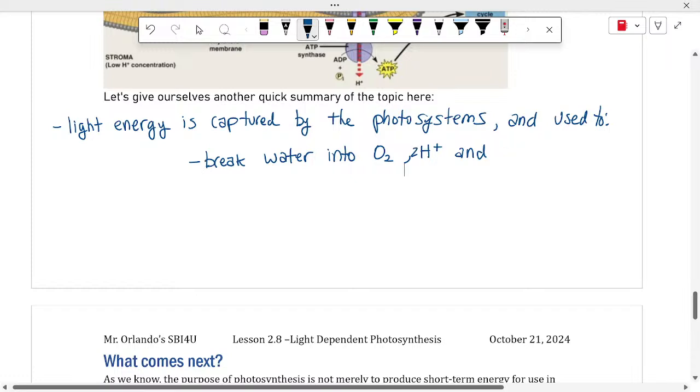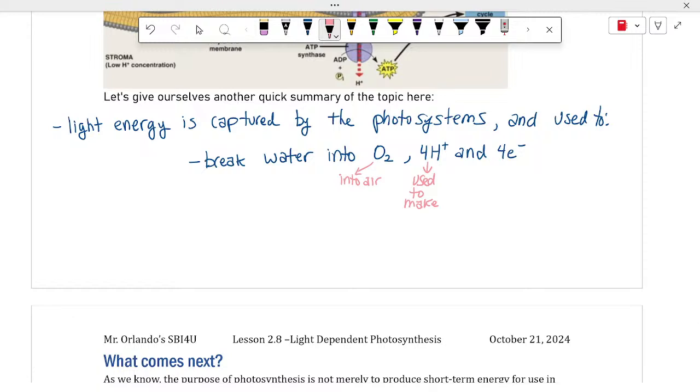I guess if we're sticking with numbers, and we could track each one. This goes into the air, and we breathe it. This is used to make what? Indirectly, but what are the H pluses used to make? ATP. Very good.